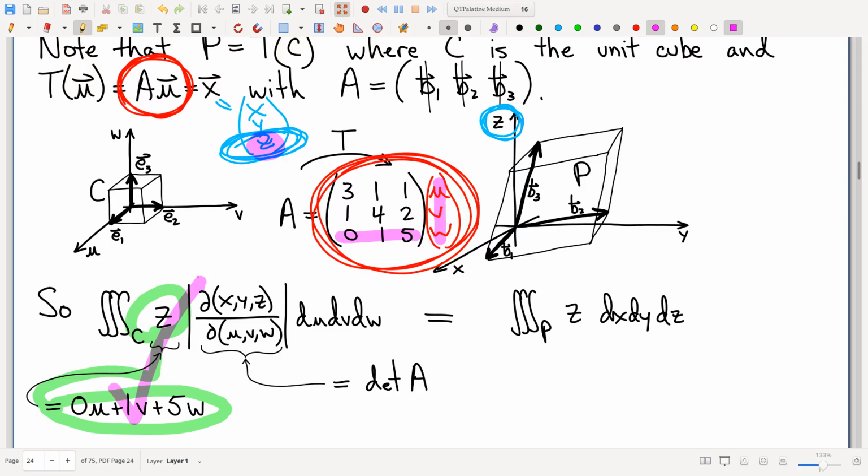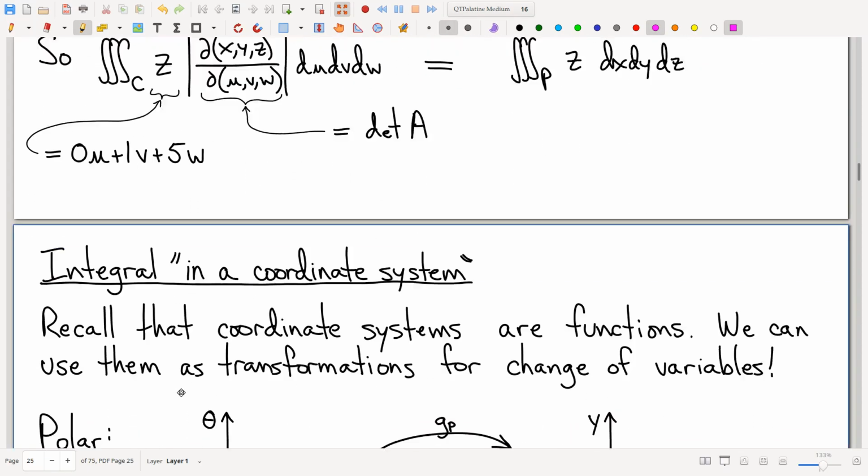Remember, the change of variables function always gives you the formulas for how to plug in. Z is the third output, so you look at your formula for your change of variables and you just straight up write down what that third output is.